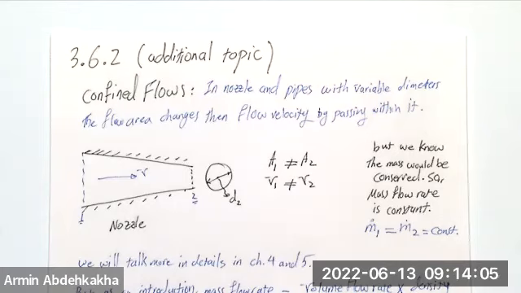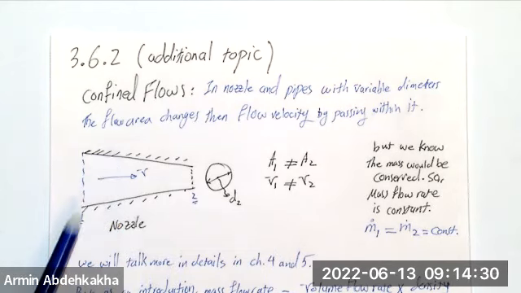So what's the point of confined flows? You can use the Pitot static tube to find the flow speed, right? But in nozzles and pipes with variable diameters, like the shape that you can see here, the diameter changes, right?